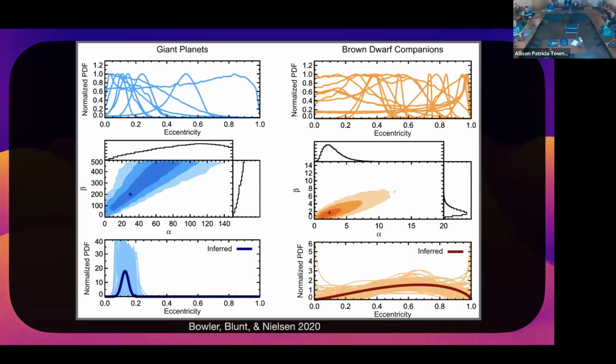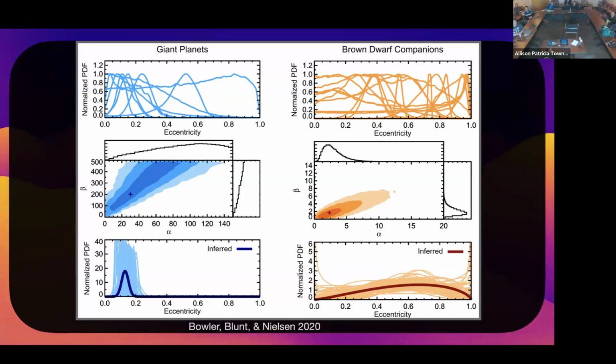And putting this into perspective with the larger population of orbits of giant planets and brown dwarf companions, this paper from Brendan Bowler in 2020 showed that higher mass brown dwarf companions as a population do appear to be more often on these eccentric orbits, where the smaller giant planet population, in this case, cut off below 15 Jupiter masses, are much more common on not necessarily circular, but marginally eccentric orbits.